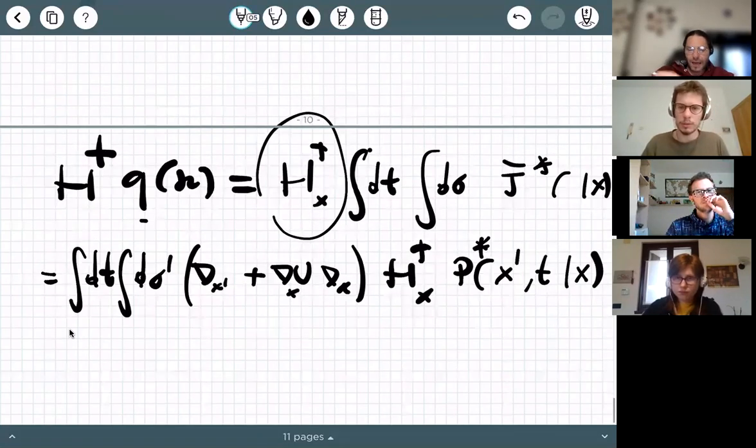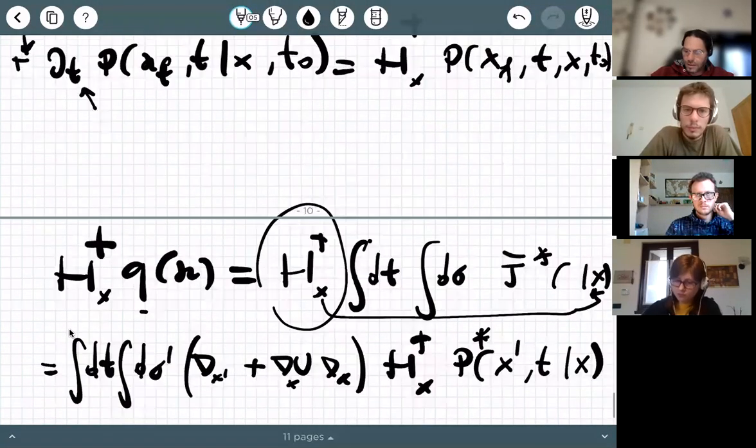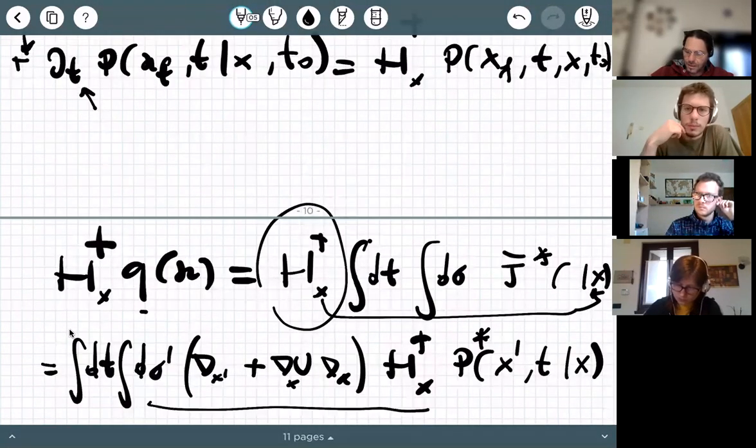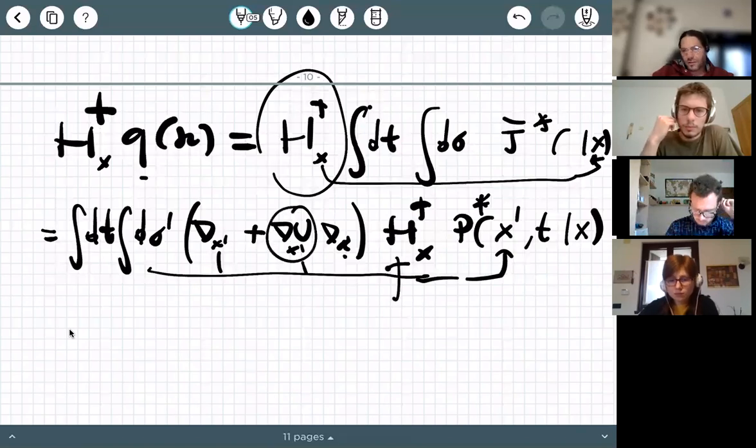So what have I done? I've simply applied this here. This acts on this. But then using what we did before, we know that this equation could be written this way, where these are x primes, so act on this. Therefore, since these two derivatives act on these derivatives that sit in here, they don't act on this function because they are different variables. So they pass through. Okay?